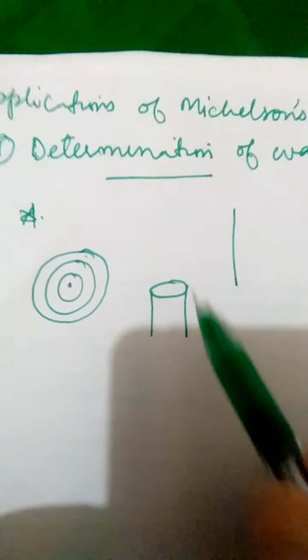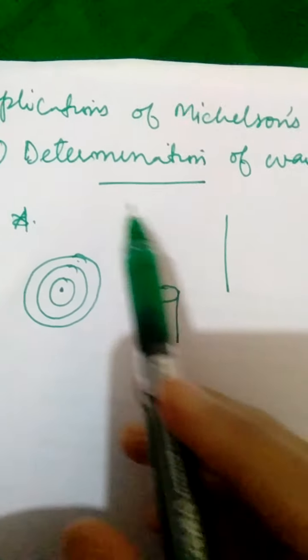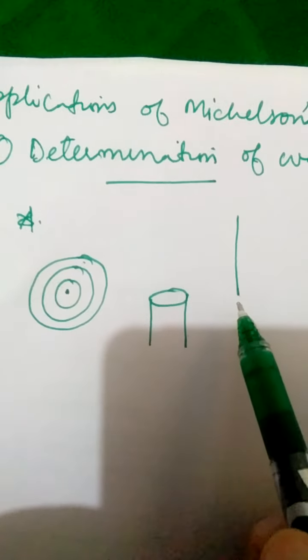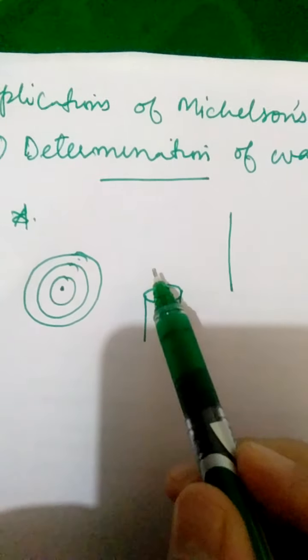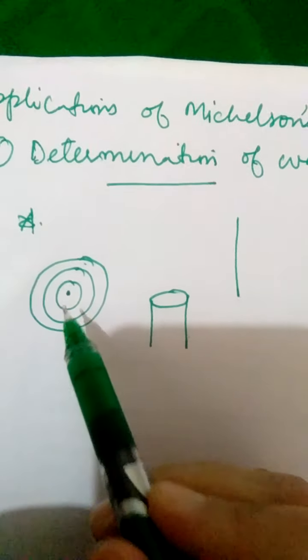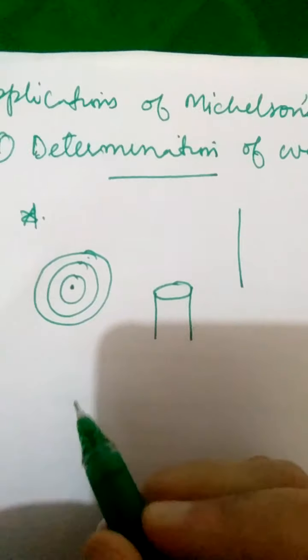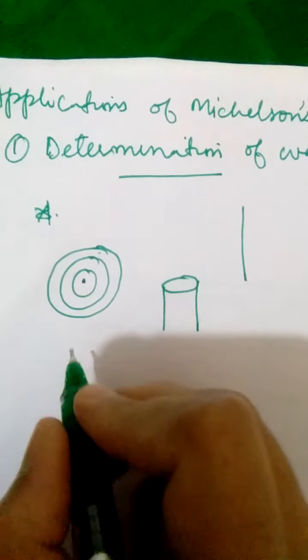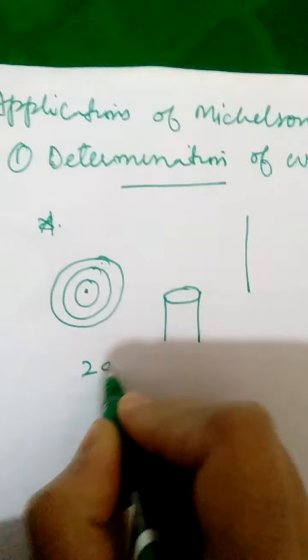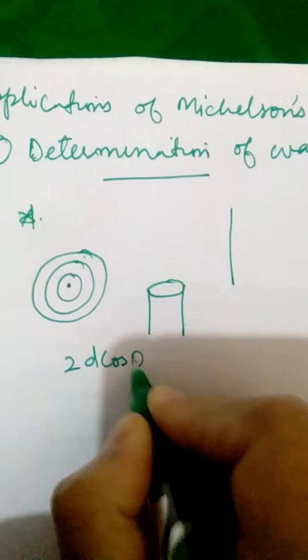Now, the first step in determining the wavelength of the source is that you have to keep these mirrors exactly perpendicular to each other. Focus the fringes through the telescope, they are exactly circular. Now, the condition for interference is that 2d cos theta is equal to n lambda.